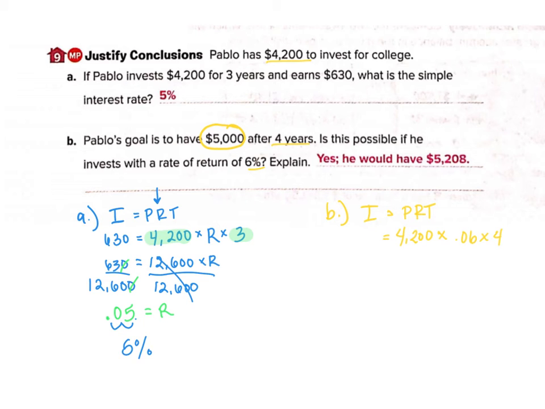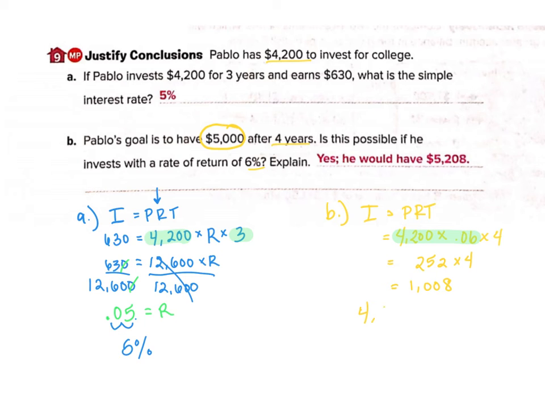So if I take this in chunks and I just multiply 4,200 times 0.06, I'll get 252 times 4, which is $1,008. So that's how much interest he would make on his $4,200.